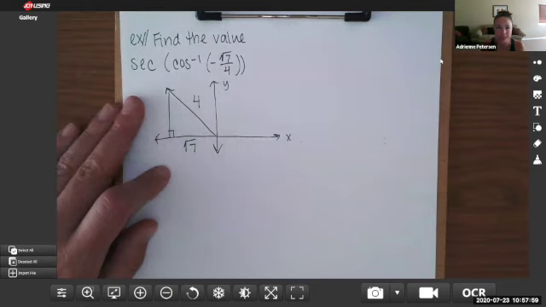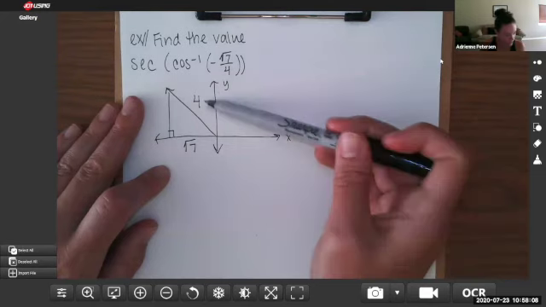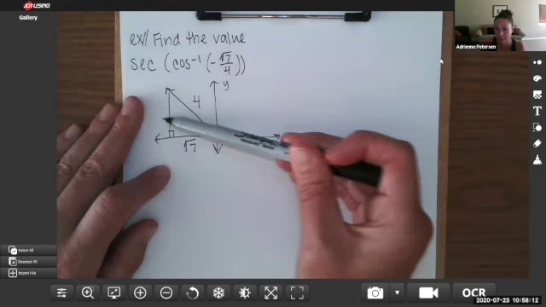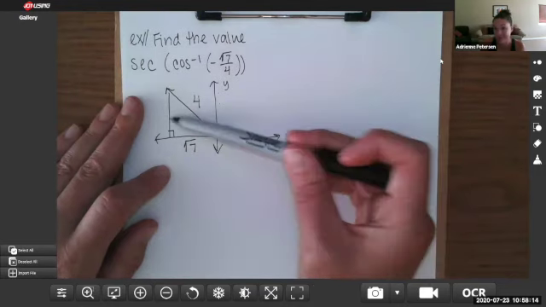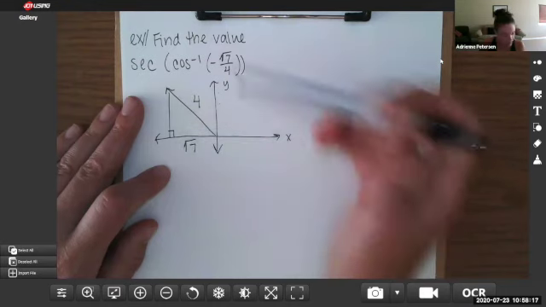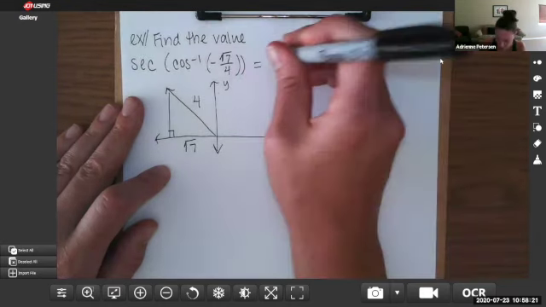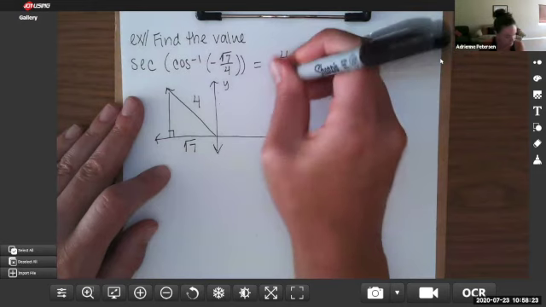This problem is asking us for secant. Secant's the reciprocal of cosine. So secant is hypotenuse over adjacent. On this problem, we actually don't need the third side of the triangle, so let's save ourselves that work. So that is 4/√7.